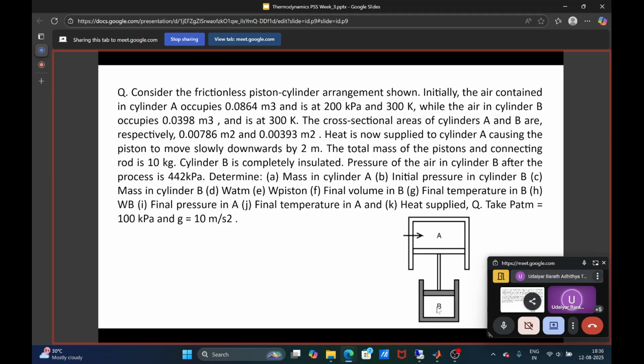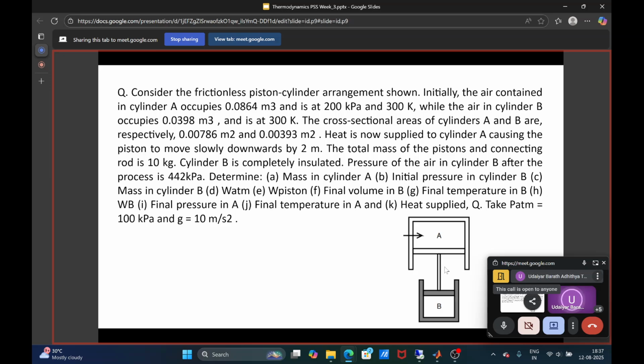Now since we initially knew the volume and temperature, with this pressure we estimated using the ideal gas law the mass of gas in cylinder B. So that gives you the mass, the third part C. Next is the work done by the atmosphere.